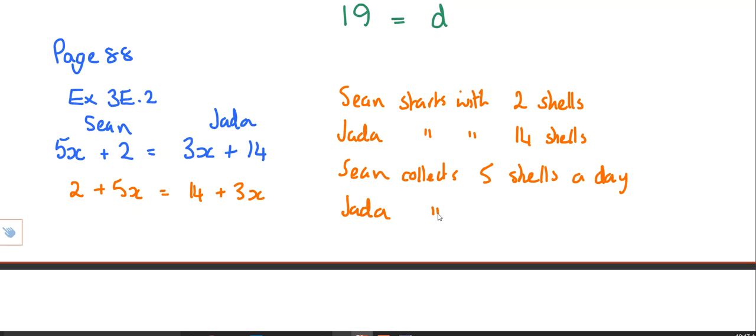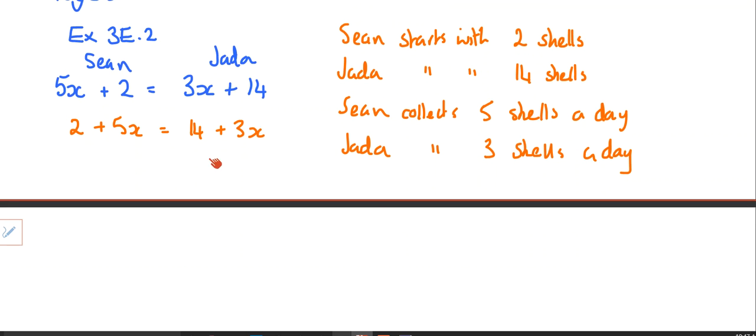Jada collects 3x shells a day. At the end, we have the same type of thing here, don't we? After how many days are they equal? So that's why I've got the equals. So if we were going to then solve that for x, how would we go solve for x.